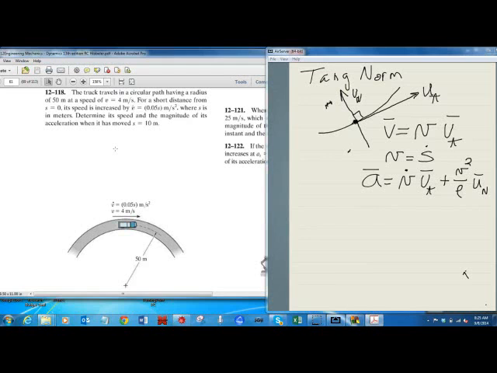For a short distance from s equals 0, its speed is increased by v dot equals a given function of s, where s is in meters. Determine its speed and the magnitude of its acceleration when it has moved s equals 10 meters. Oh, man. What are we going to do?